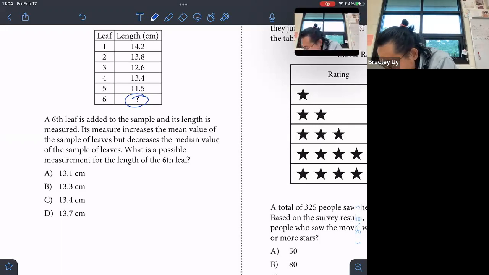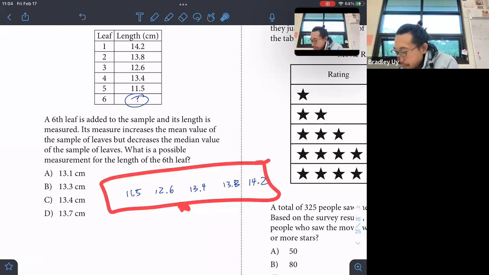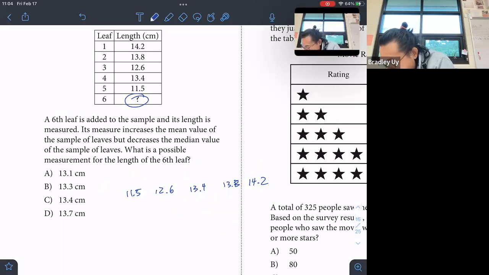The first thing we want to do is write these numbers in order, lowest to greatest, okay? And that will be 13.4, 13.4, and 13.8, and 14.2. If we just have this 5-leaf sample and we did not add another leaf, they're talking about the mean and median.